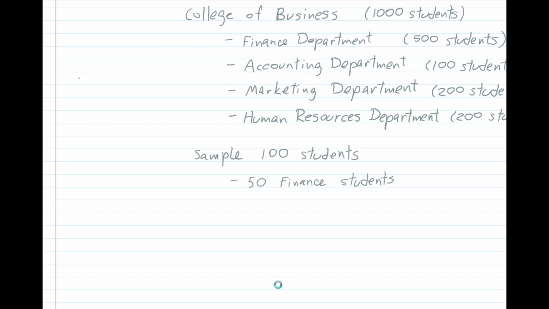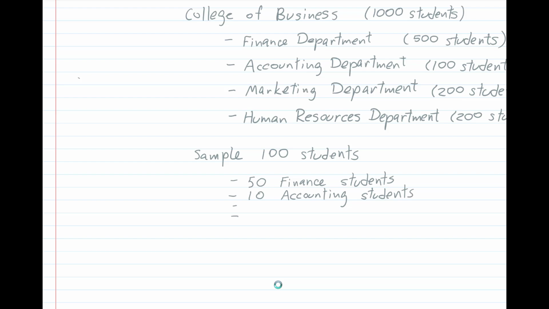How many accounting students would I want? Well, 1/10 of the college is accounting students, so I might want 1/10 of my sample to be accounting students. And what's 1/10 of 100? It's 10. You see the idea? You can probably guess the next two.